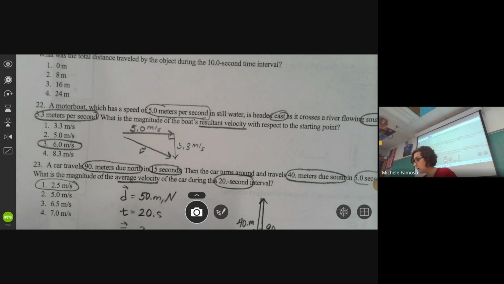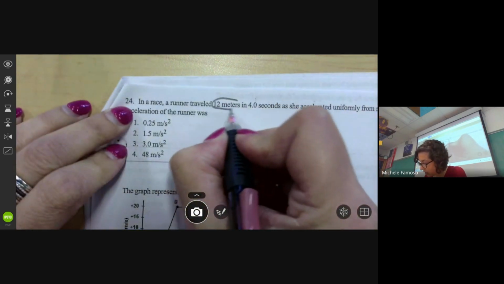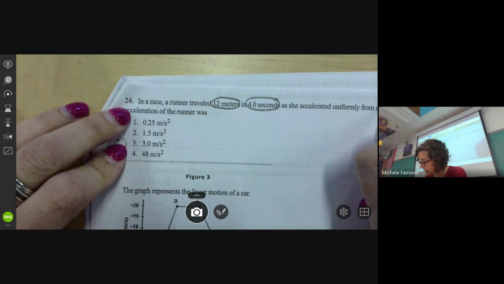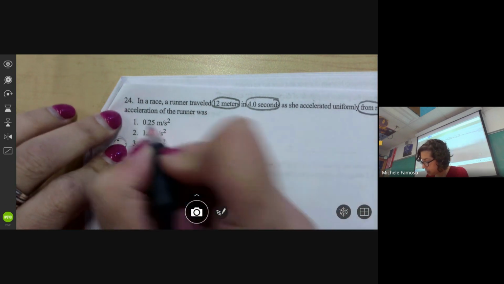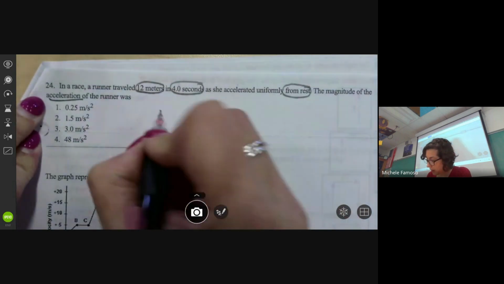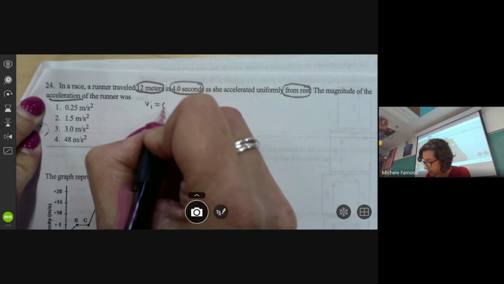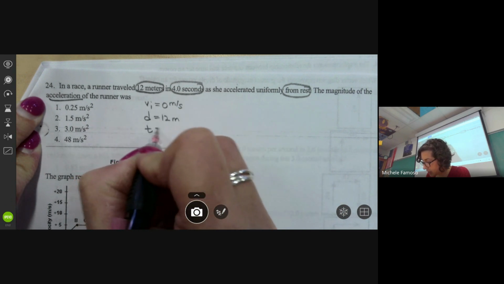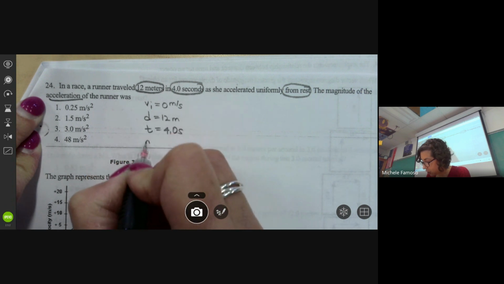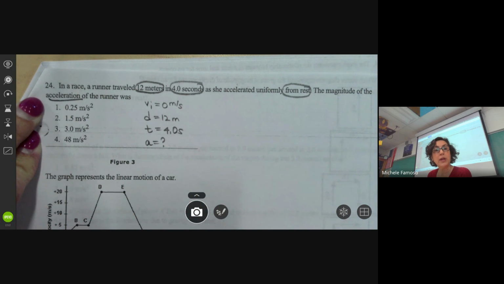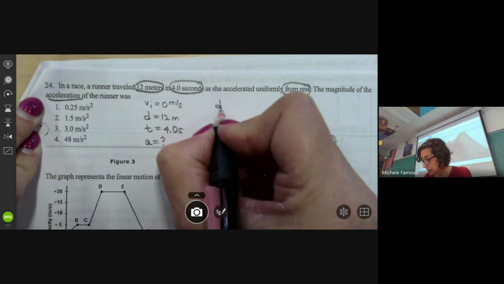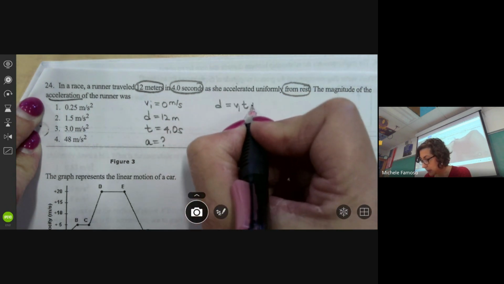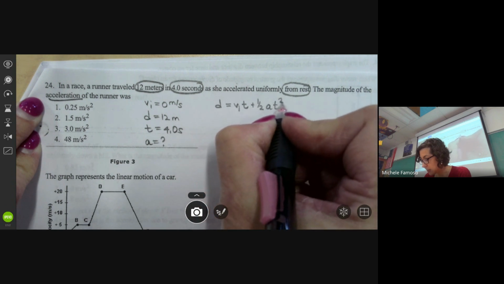Yes, Jackson? 24. All right, 24 says that we're going 12 meters in 4.0 seconds as we accelerate from rest. What is the acceleration? So my givens would be a VI of 0 meters per second, a D of 12 meters, a time of 4.0 seconds. I'm looking for A. The only equation on your reference table, which has those 4 letters, Jackson, is D is VIT plus 1/2 AT squared.